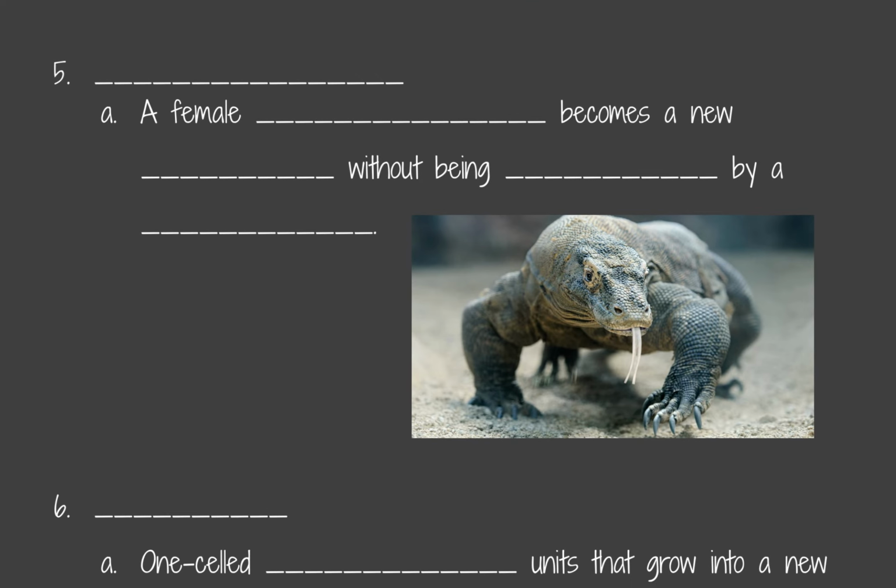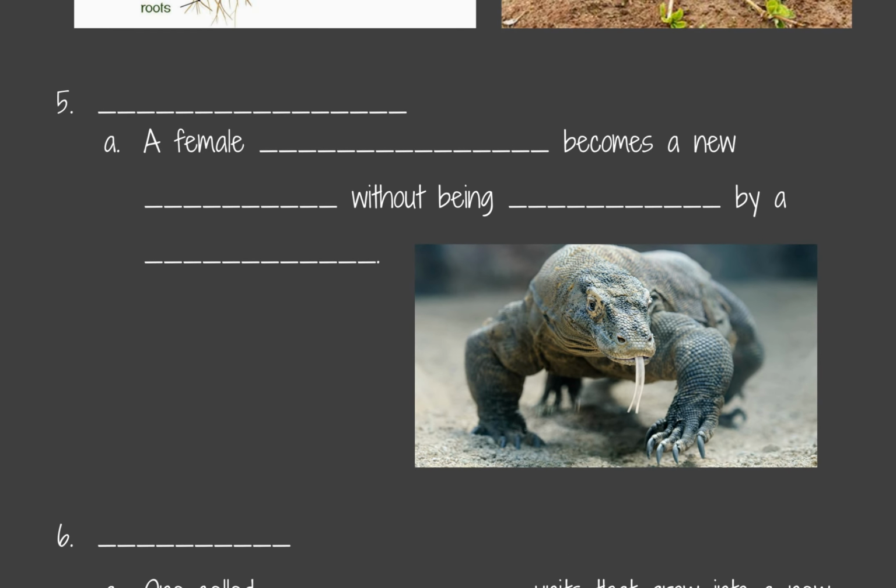2 more coming up. Next one is a pretty bizarre one. It is called parthenogenesis. And parthenogenesis is when a female gamete, a gamete is a sex cell, so usually that is called an egg cell, becomes a new organism without having been fertilized by a sperm cell.